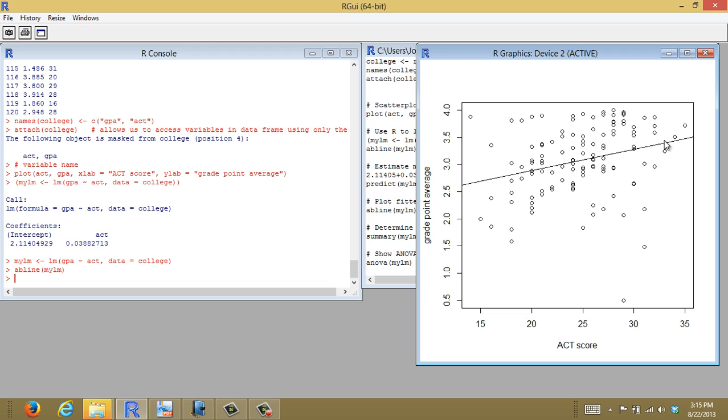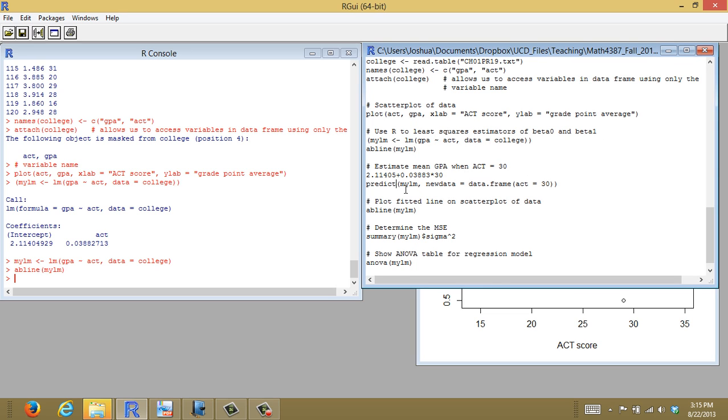As you can see, it somewhat describes the relationship, though this relationship is not nearly as nice as in the previous data example. And if I wanted to estimate the mean response when ACT score is equal to 30, so the administrator says, well, if the person has an ACT score of 30, what's the average GPA I can expect to see at the end of their freshman year? What we need to do then is simply plug 30 into our estimated regression function, which I've done right here.